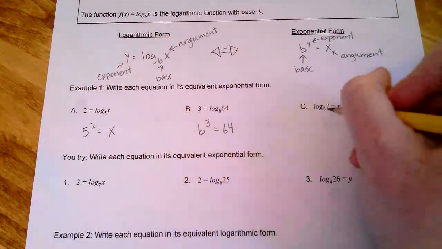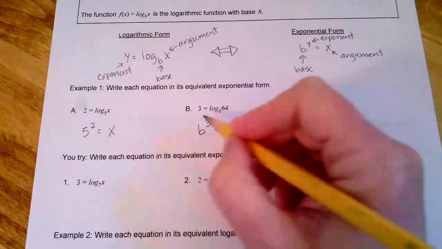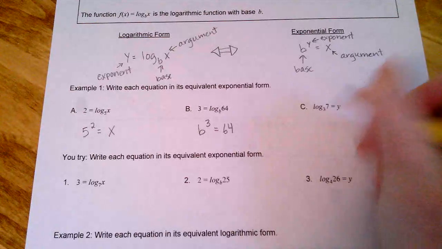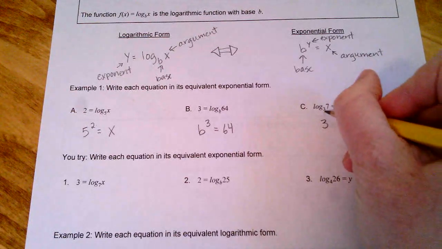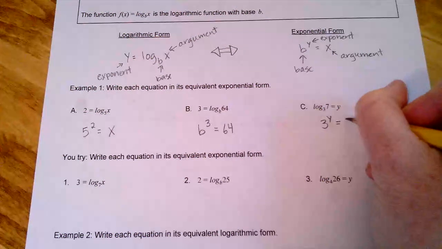And for my last one, c, even though my log is on a different side than my other two examples, I do the same pattern. My base, 3, is raised to my exponent y, which is equal to my argument, 7.